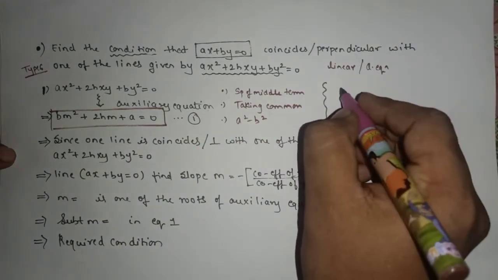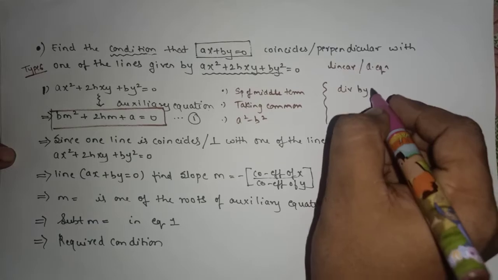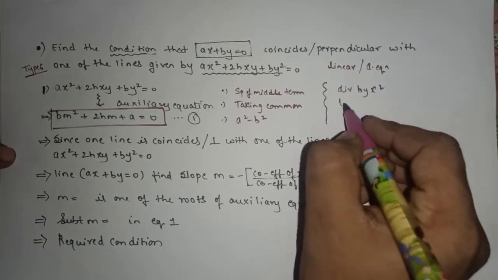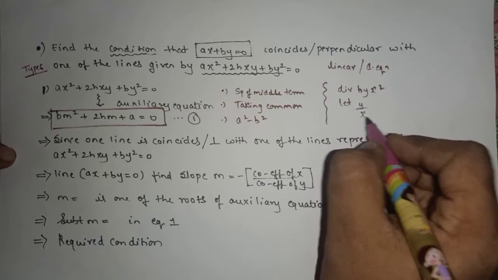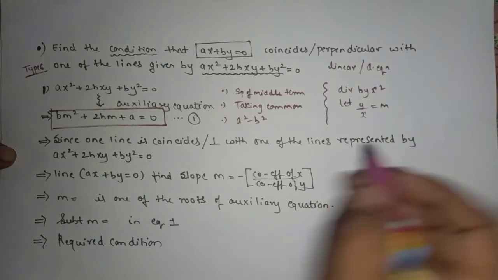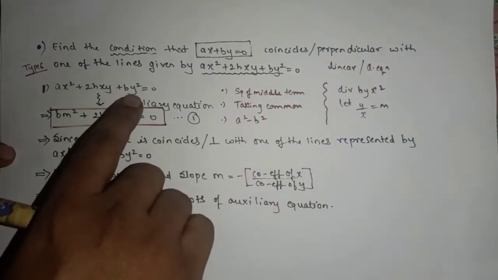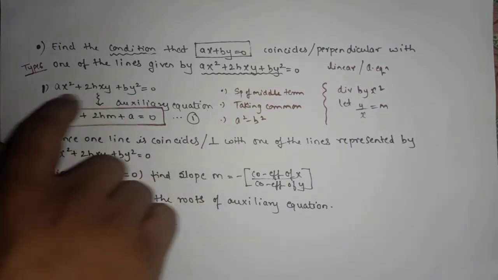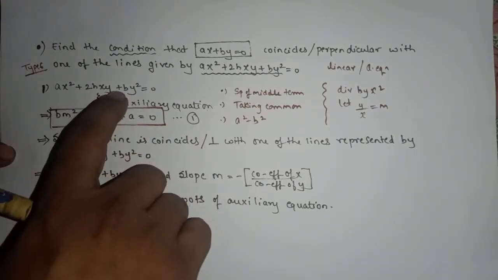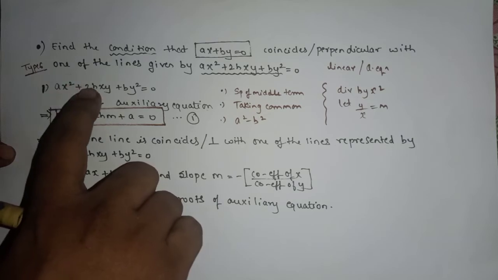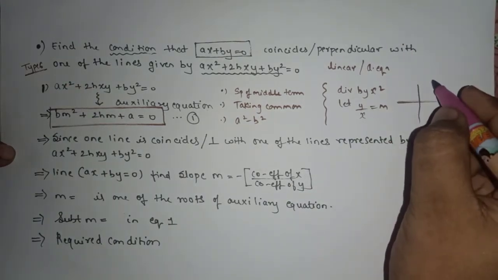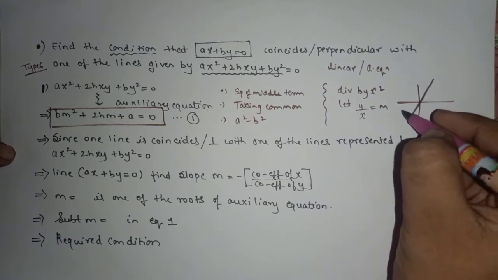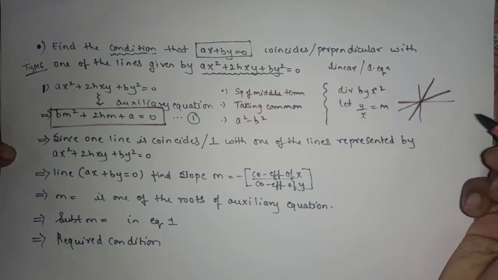The first step is what? Dividing by x square, then you will take y upon x equals to m. As we know, the combined equation of these two lines will always pass through the origin.